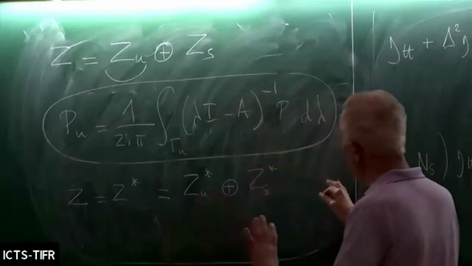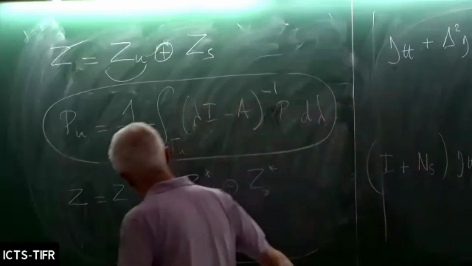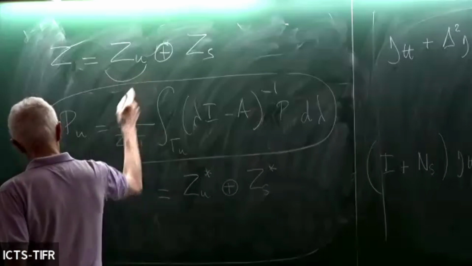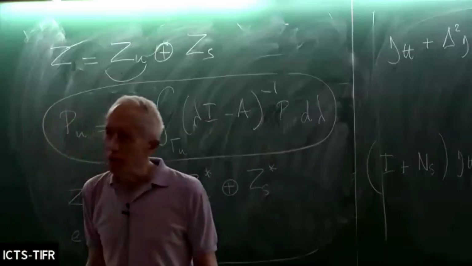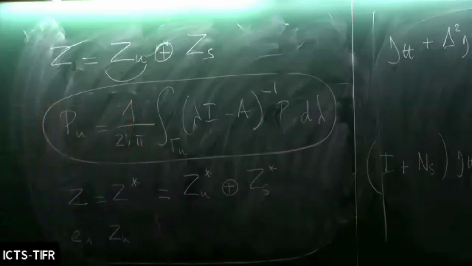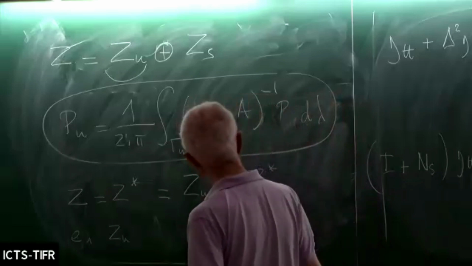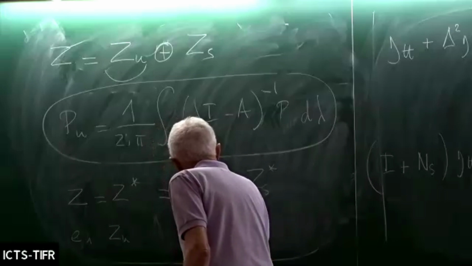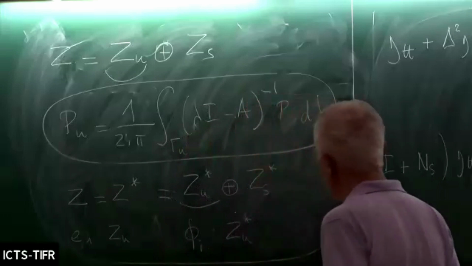So when we have these two decompositions, what we need is a basis for ZU, which is a basis for the generalized eigenspace, which can be computed numerically, and a basis for the dual space ZU star.